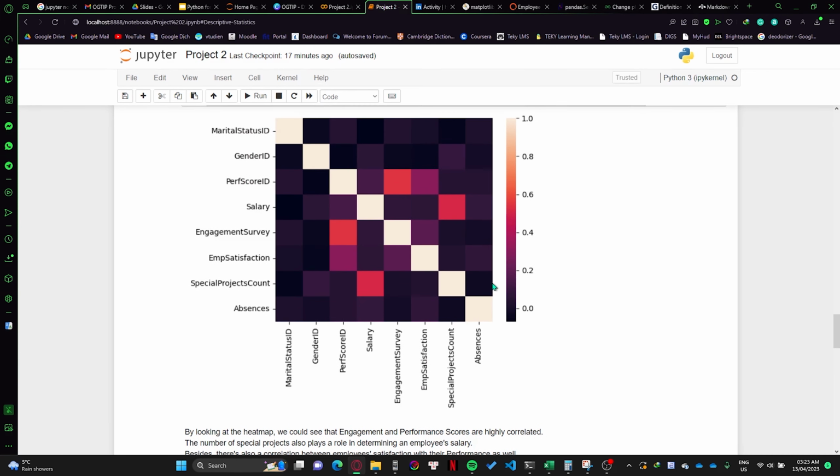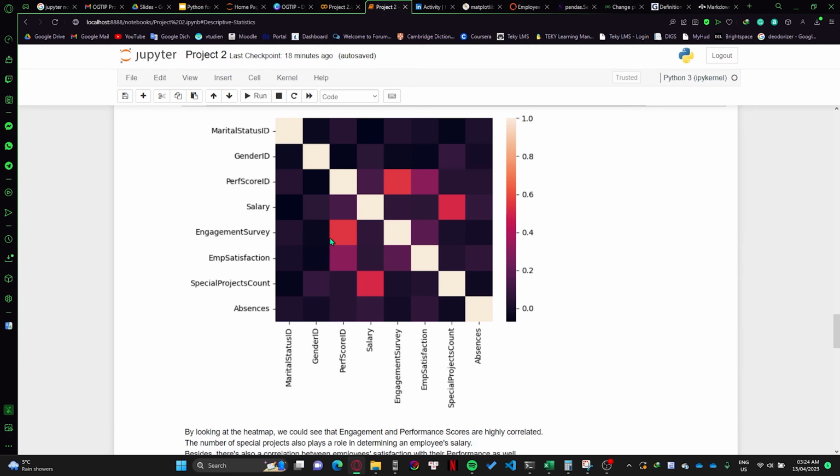By looking at this heat map, we will see that the engagement and performance score, which is here, is very red, very high in terms of color. So they are very highly correlated together.